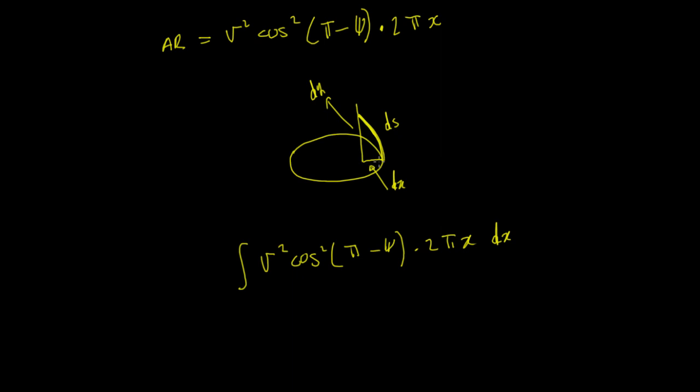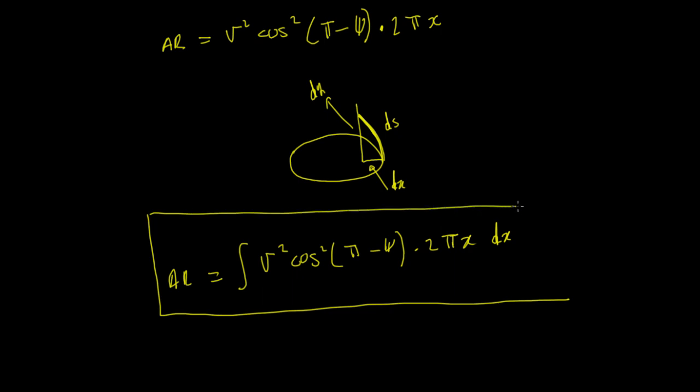So as dx changes, dy changes, and our value for ds is going to change as well. So that there is going to give us our air resistance. And that's our little equation. That's actually what's derived in the book there as well.